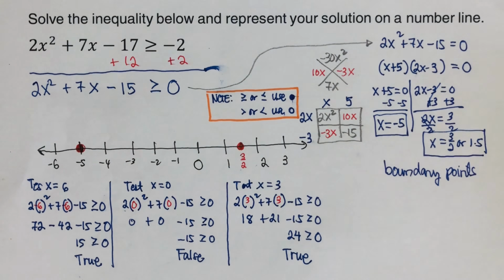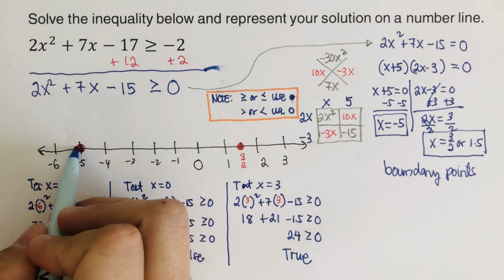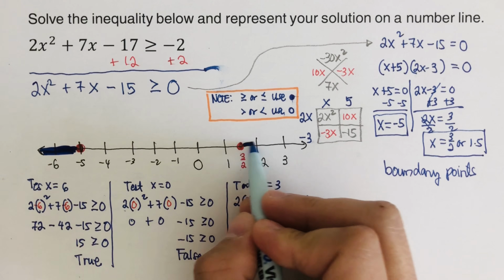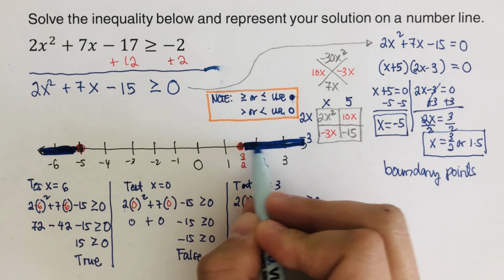So that means our solution is the left region and the right region: anything less than negative 5 and anything bigger than 3/2.